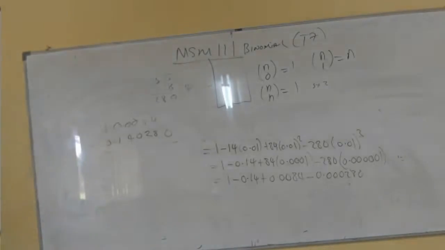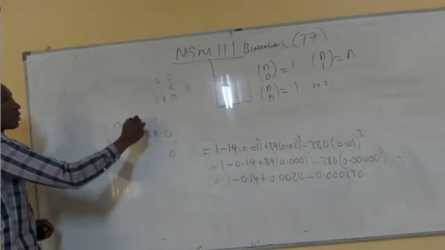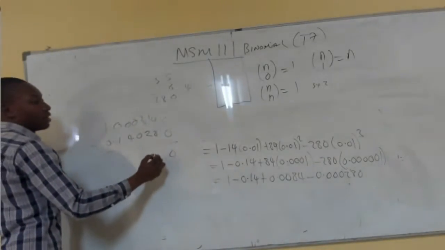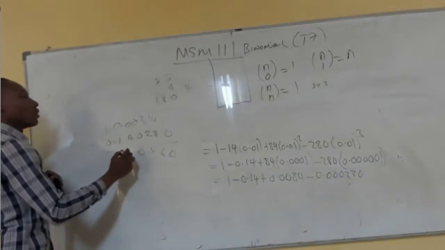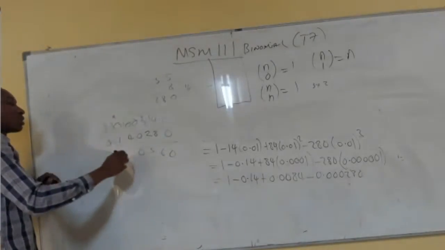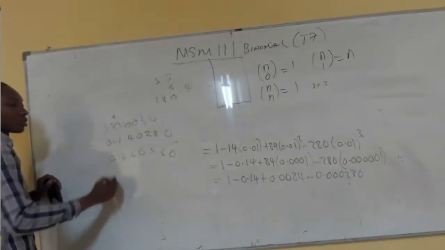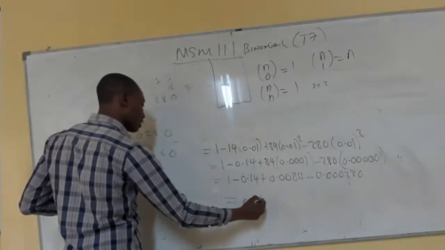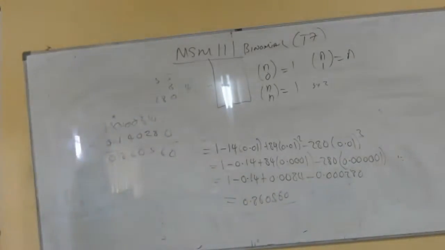Okay, so the overall difference becomes 0. This is 7, 14. 14 minus 8 is 6. This is 5, 0. This we can say 1, 9, 10, 6, 8.0. So this ends up being 0.860560.